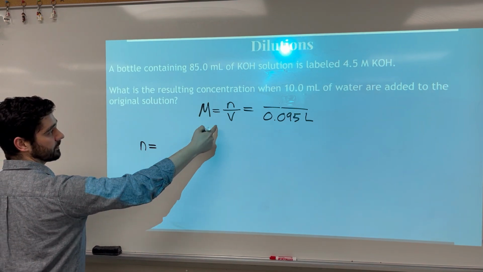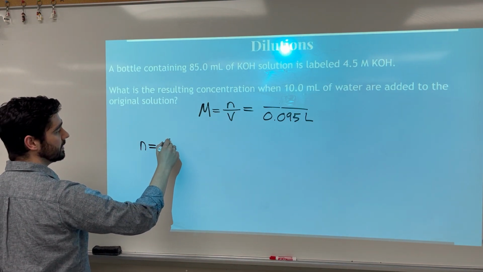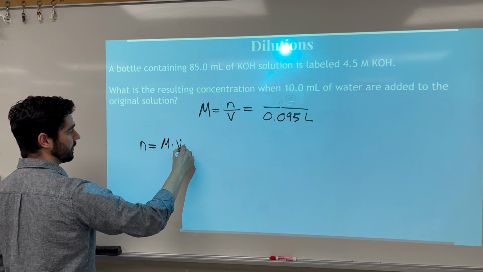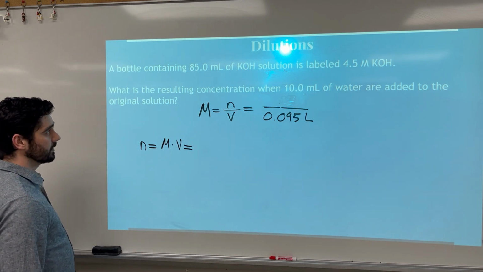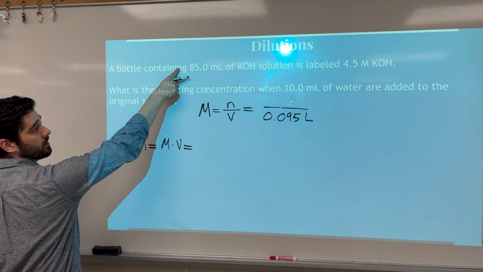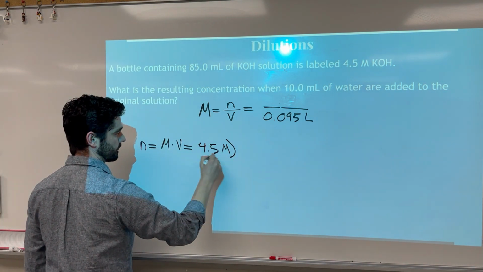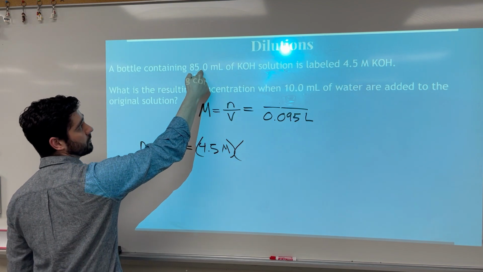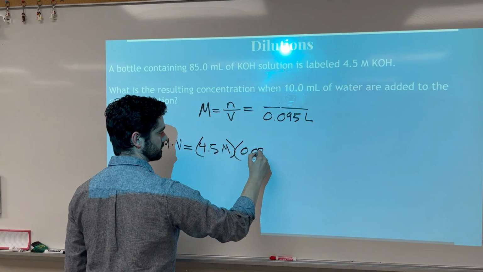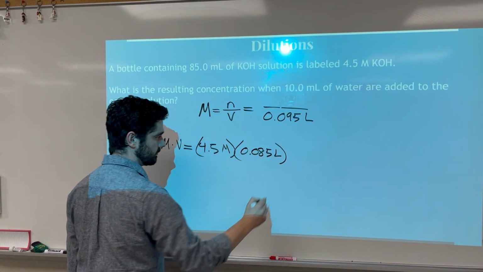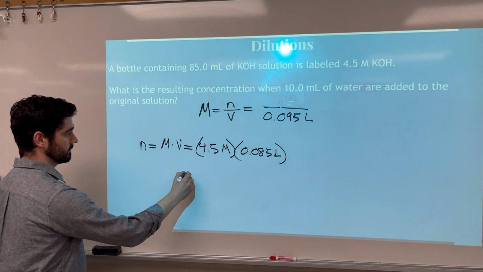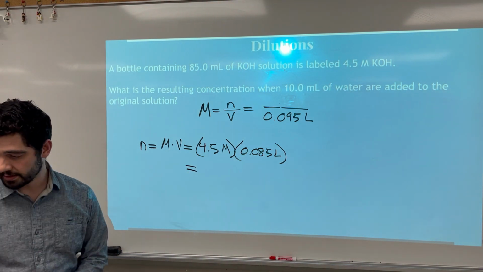Moles is, if I rearrange this, moles would be molarity times volume. Okay, so the moles that I started with up here would be the concentration times the volume in liters, of course. Okay, so if I do that, let me go grab a calculator.